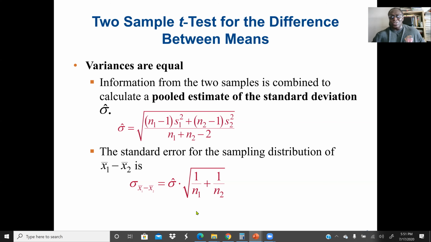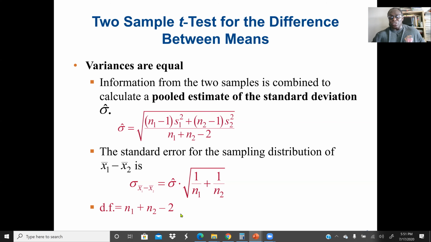The pooled estimate formula is given here. For the degrees of freedom, we have two samples, so the degrees of freedom is n1 plus n2 minus 2.